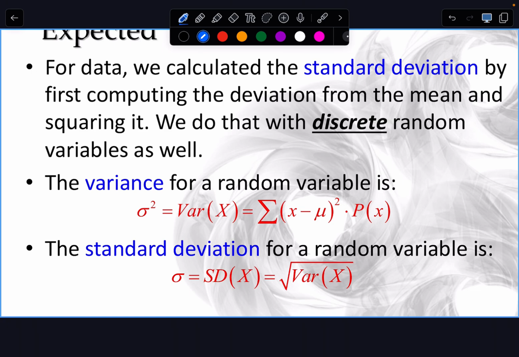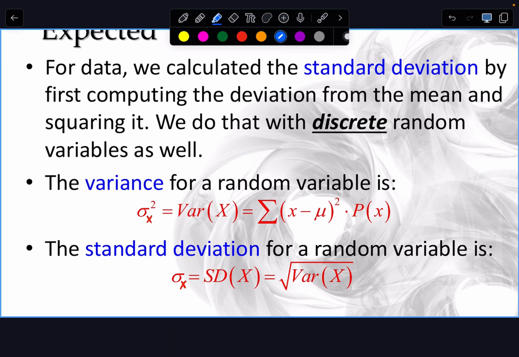So in the formula, and again, if we look at the notation here, for variance, we have that lowercase sigma squared, or we just use VAR for variance of the variable. We use the function notation. Again, you'll see those notations used interchangeably.